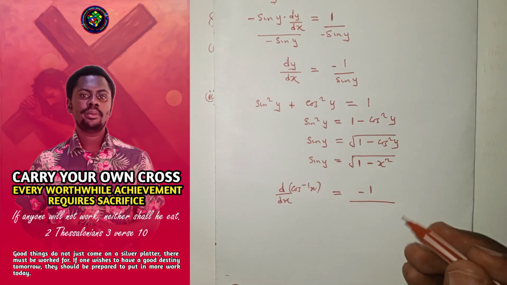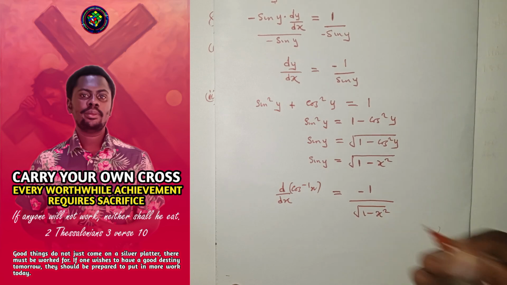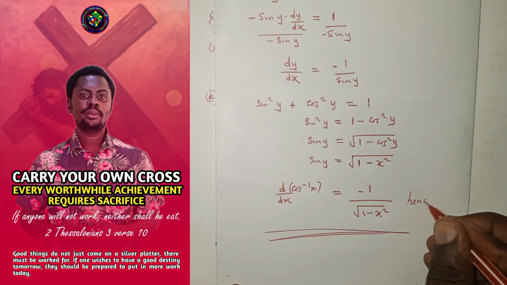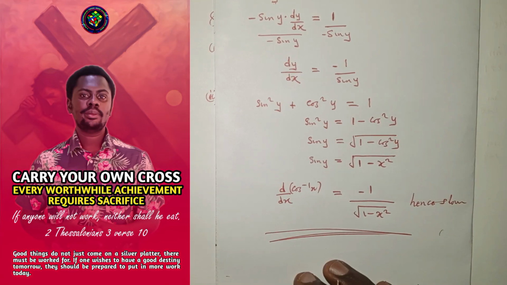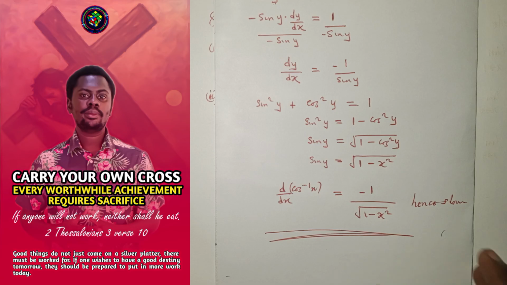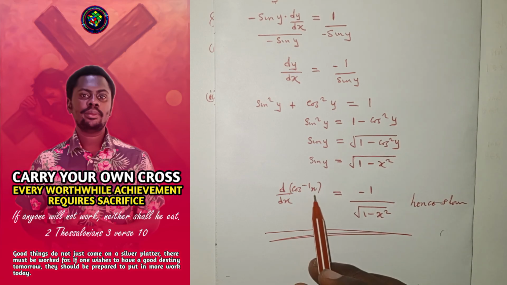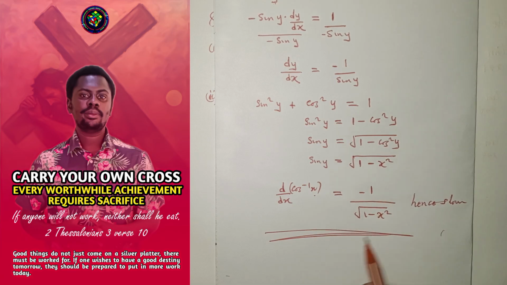Sine y, we know that is square root of 1 minus x squared. Hence shown. So we have shown that the derivative of cosine inverse of x is equal to negative 1 over the square root of 1 minus x squared.